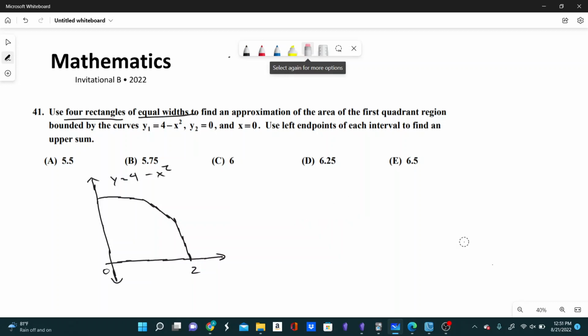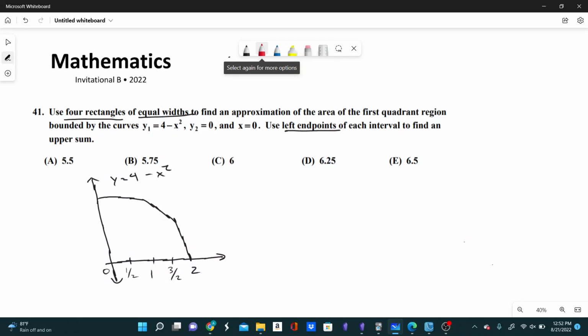So then if we have four equal widths, each rectangle is going to have a width of 0.5. So this one will be 1/2, this will be 1, and this will be 3/2. All right, so let's see. Our rectangles are using left endpoints, so they're going to look something like this.